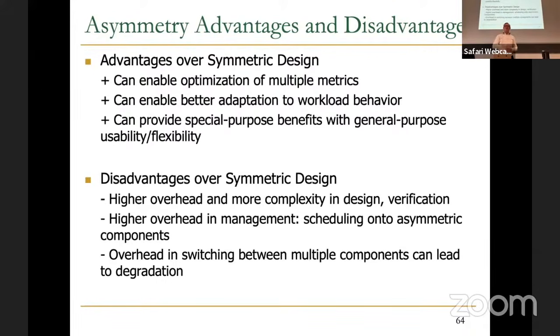Certainly, if that input is provided, you can maybe configure the resources to maximize some of the metrics that are important. You still need to have some asymmetric components that you can play with. So then the system or the scheduling or the task management becomes more important, and they have to be aware of what metrics are required and then do the scheduling.